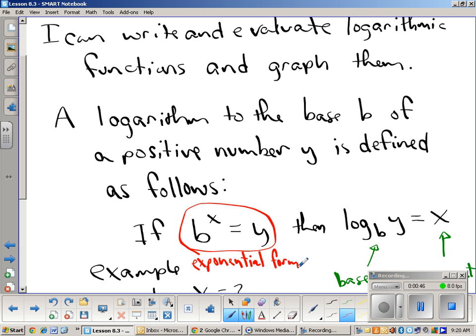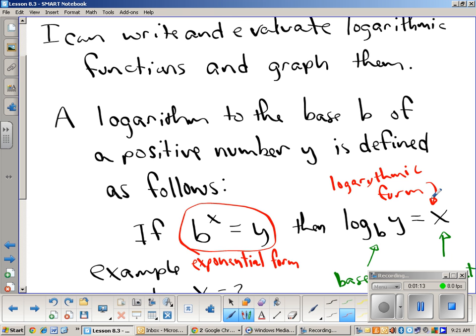And this is the logarithmic form. Okay? So we have the exponential form and the logarithmic form. We need to get very familiar with these two forms so that you can switch them back and forth.